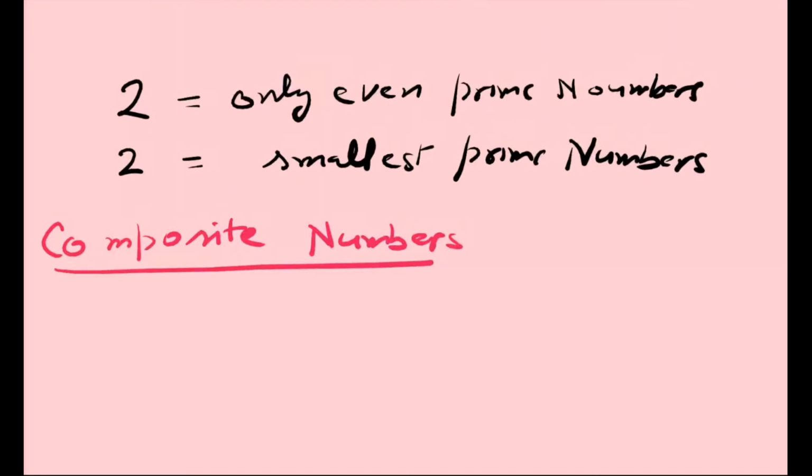Now what are composite numbers? The natural numbers which are not prime numbers are called composite numbers. Each composite number has more than 2 factors, right?